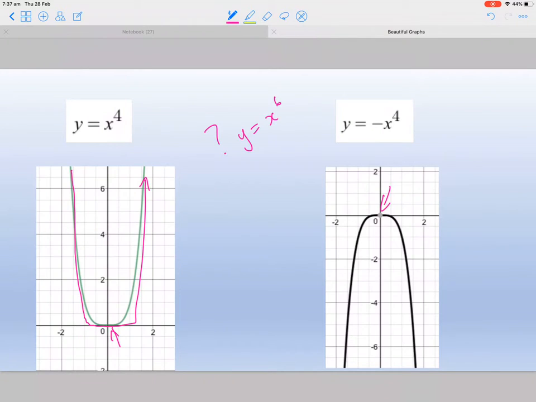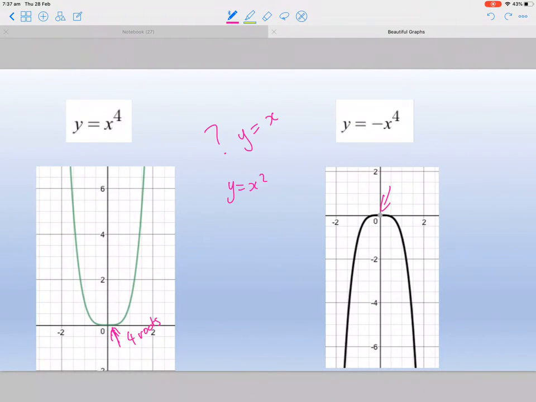So the higher the power, the deeper it goes here in the bottom bits as well. And the reason for that is that it actually has 4 roots down here, whilst y equals x squared is a bit shallower and only has 2 roots, okay? So that makes the deepness of these graphs like, yeah.